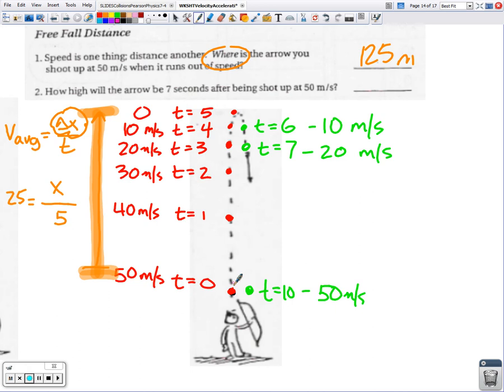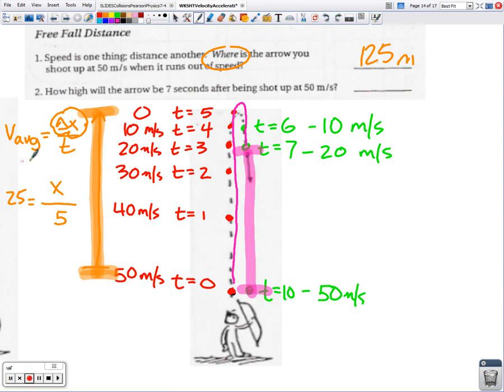So in that 7 seconds, this arrow goes up and then comes back down to here. To answer question number 2, we need to know that. Sorry. All right? So there's 2 ways we can do it. Okay? That's one way. Let's go with this first.